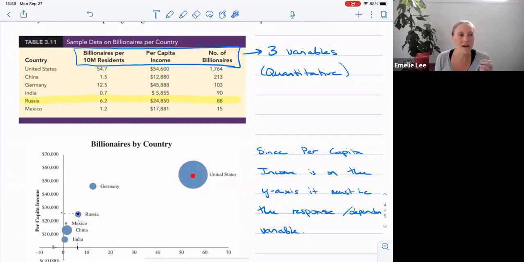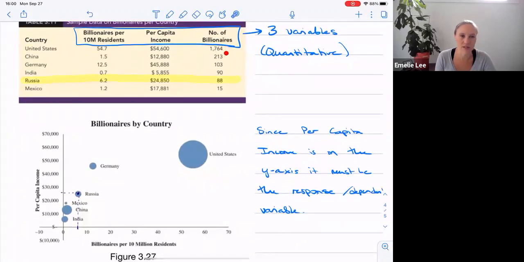So now when I introduce the number of billionaires as another variable, that third variable, then I see that 88 is the number of billionaires, right? So the count of billionaires in each country. I guess that's sort of categorical, but let's just keep it quantitative for now.